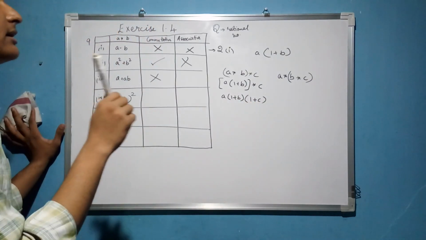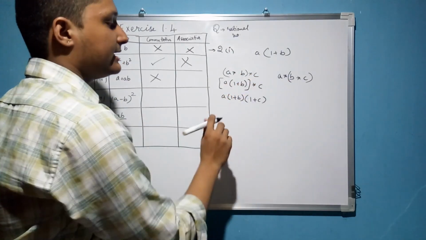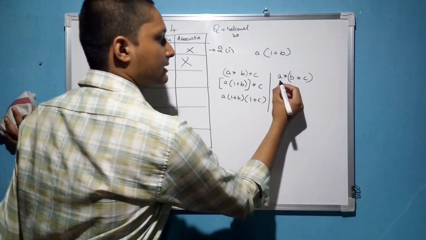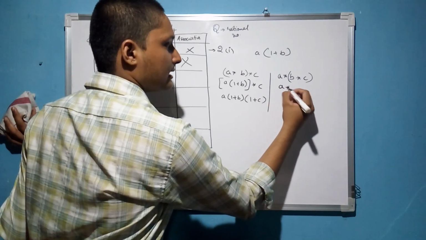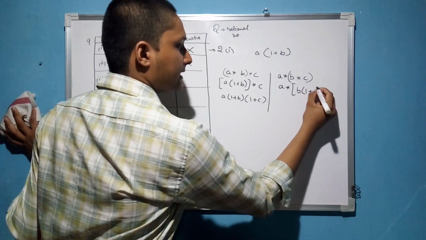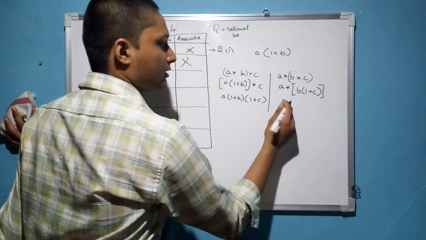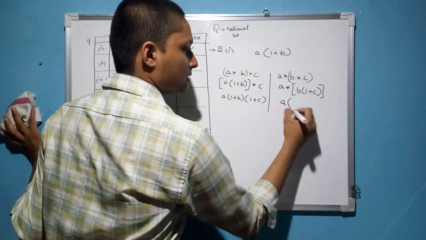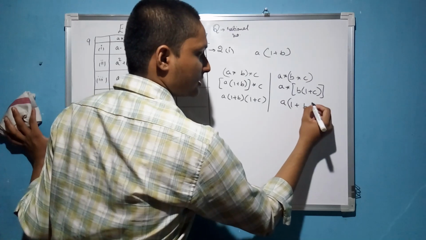See, first number into 1 plus second number. That is the first one. Again you are going to do this. This first, this is second. First into 1 plus second number.